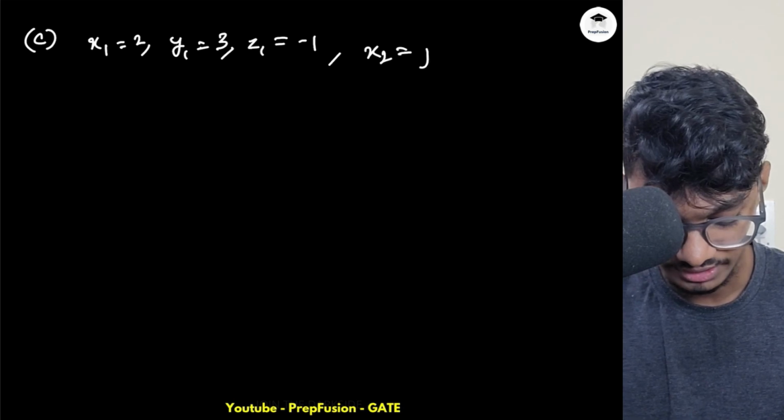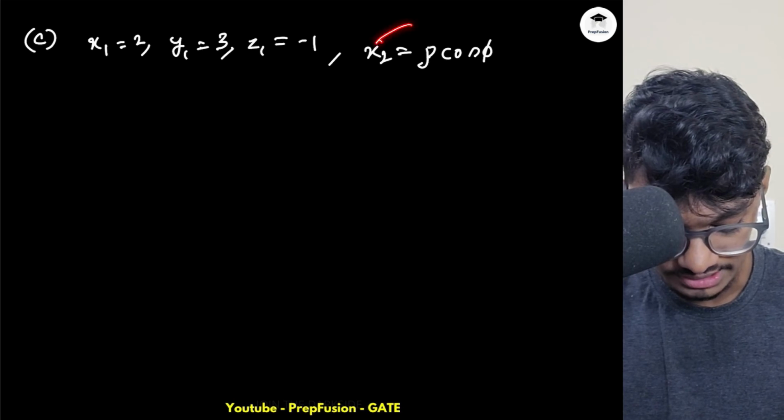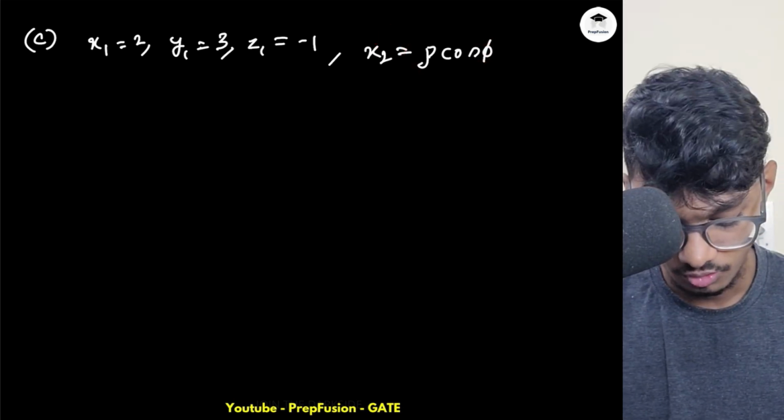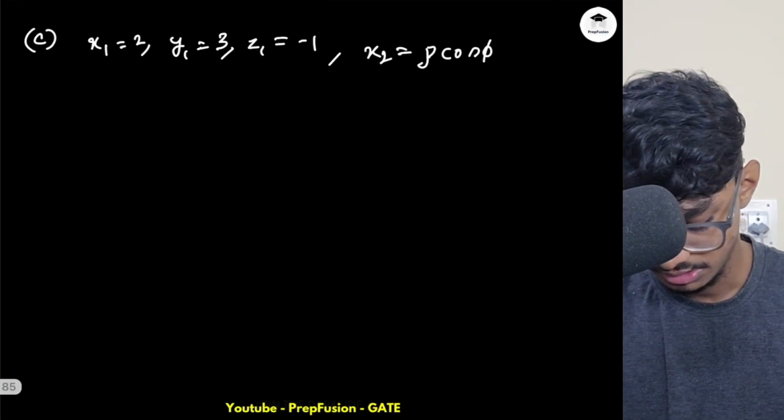What about x2? x2 is rho cos phi, right? So you are observing that inside x this information is already hidden. Rho is simply 4 and phi is 60.